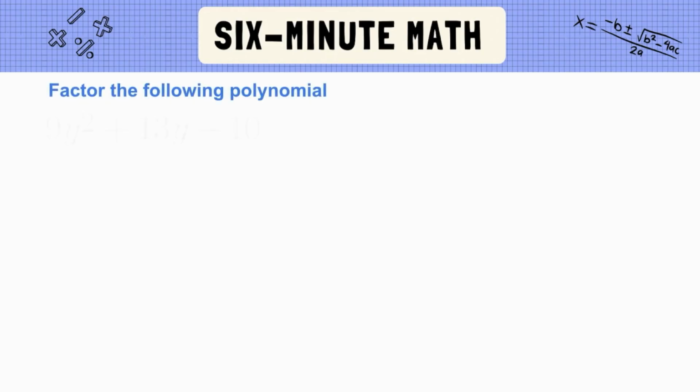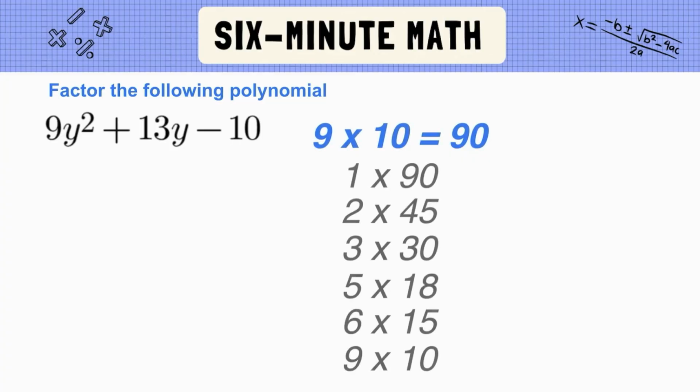We have a couple more examples here. We're going to factor 9y squared plus 13y minus 10. 9 times 10 is 90. And I'm looking for two numbers that subtract to that middle b value. So we have our differences here. 43, 27, 13, 9, and 1.